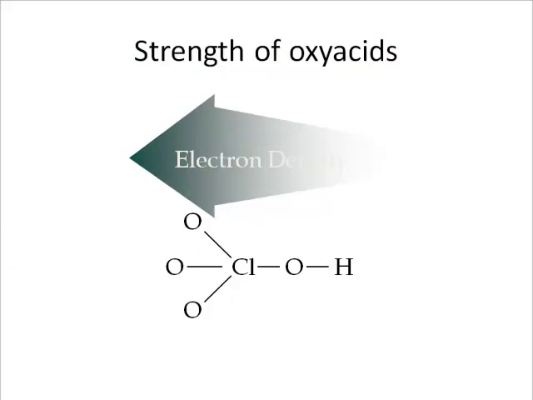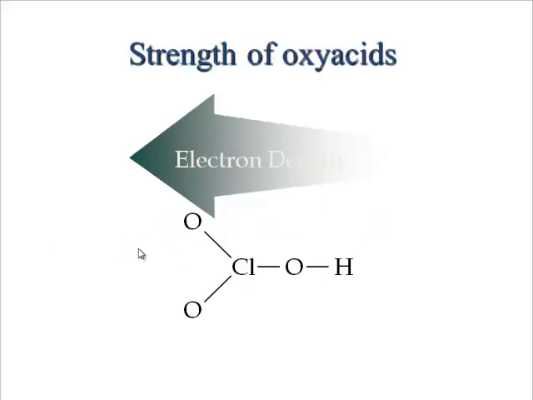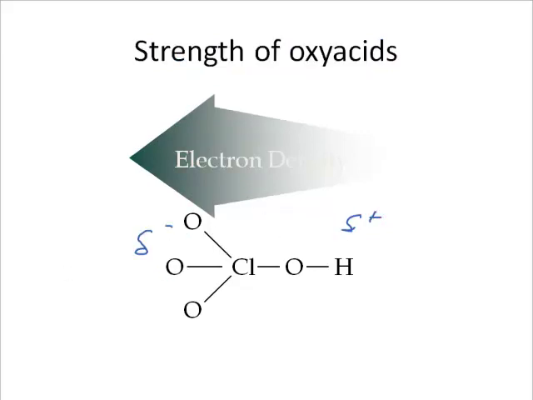Because we are so polar on this side, this side becomes much more electropositive, whether it's that one or this one. Same kind of situation: more electronegative on this side, more electropositive on this side. With those two situations, this area right here becomes an area of weakness, and that allows the H to dissociate and form a hydronium ion.